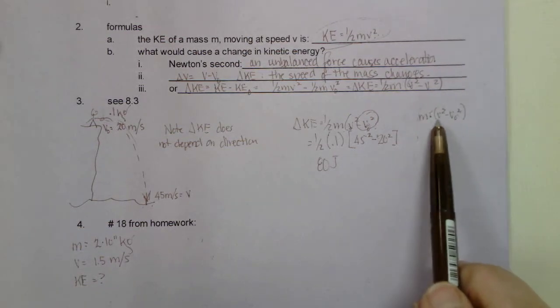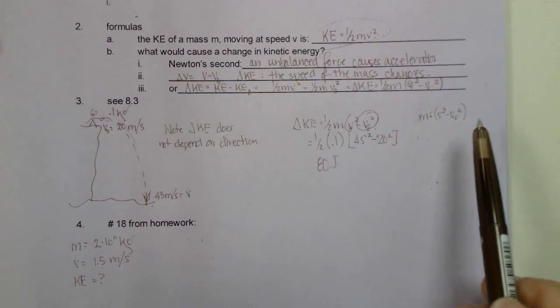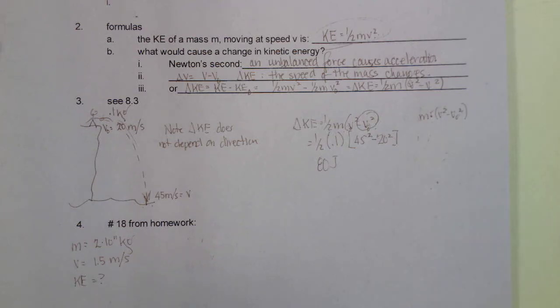But here's the interesting part about this. V squared minus v naught squared will all combine into one unit. And I want you to think of it this way. If I have a length of ribbon that is 10 centimeters long, and I cut off 2 centimeters, how much do I have left? In your head, you're doing the math of 10 centimeters minus 2 centimeters gives me 8 centimeters. Centimeter minus centimeter is just centimeter.